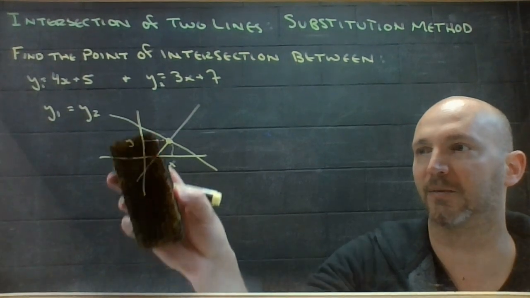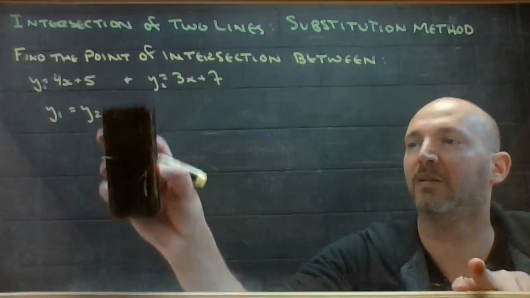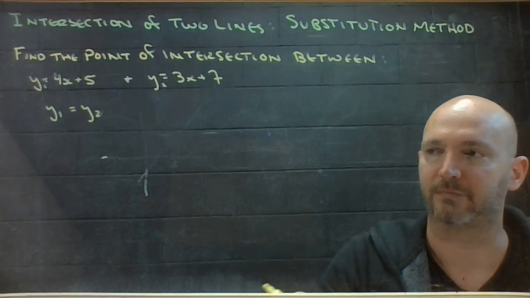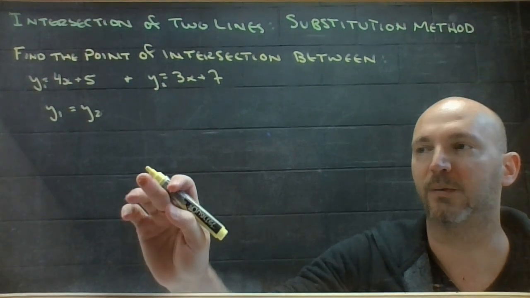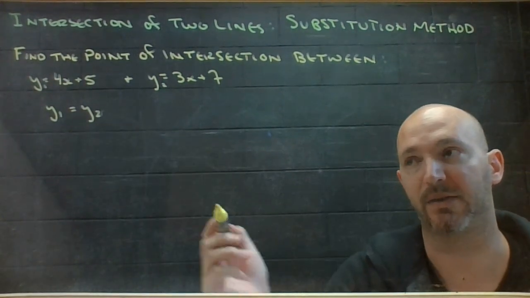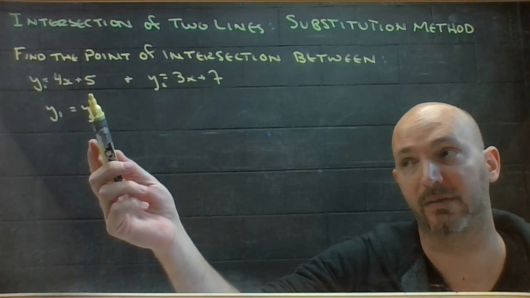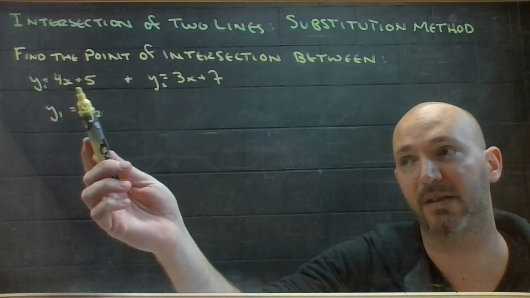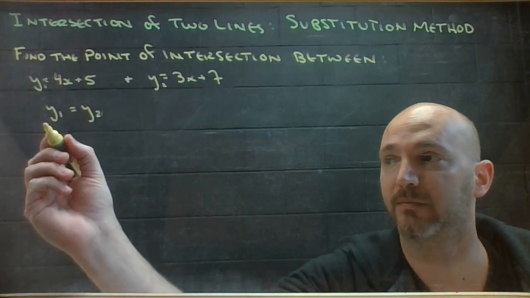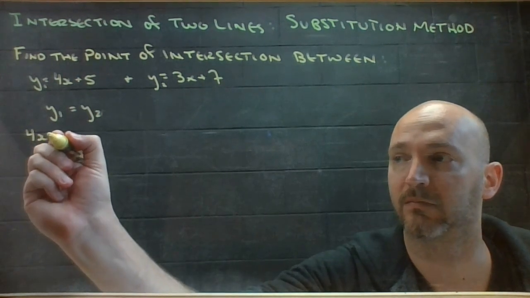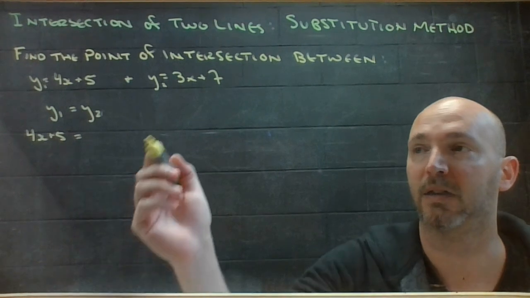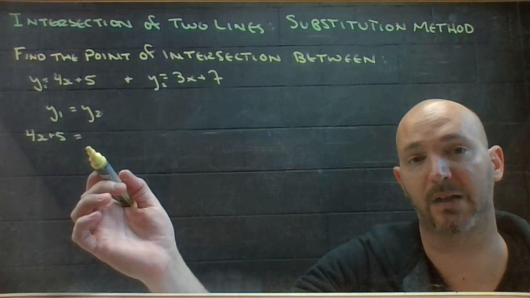Get this mess out of the way. I don't have numbers for y1 and y2, but I do have equations. So I'm going to put this equation in for y1, and I'm going to put this equation in for line 2.